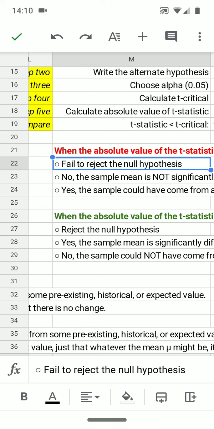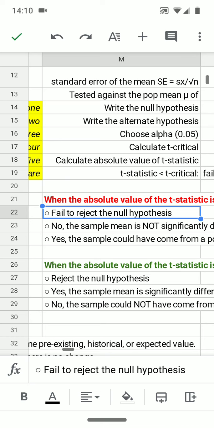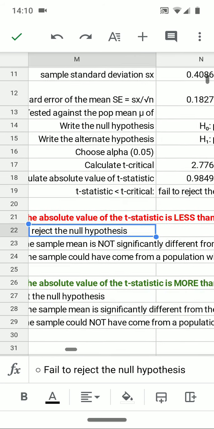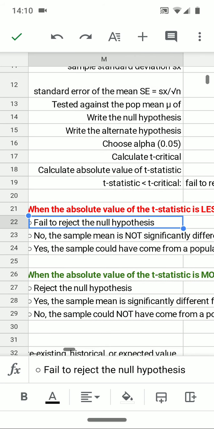It's a hedge, but it's the way in which we phrase things, because we haven't proven that the null hypothesis is true. We've only got insufficient evidence with which to reject it. It does look like the population mean could be 5.2, but we don't know. In most cases, we don't know what the real population mean is.